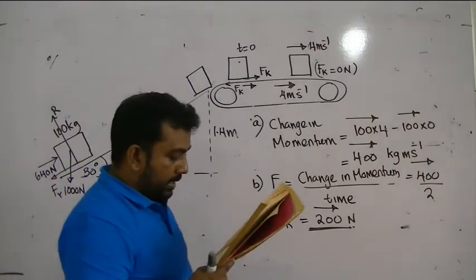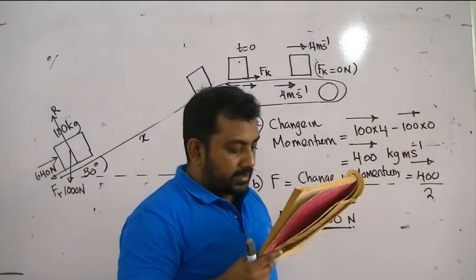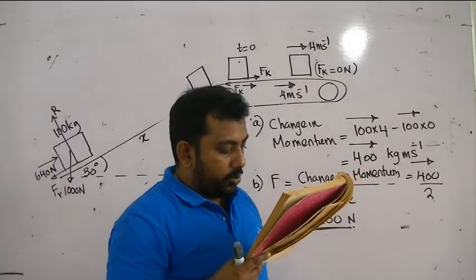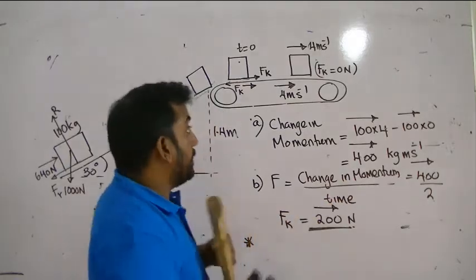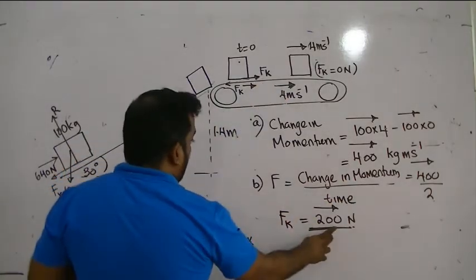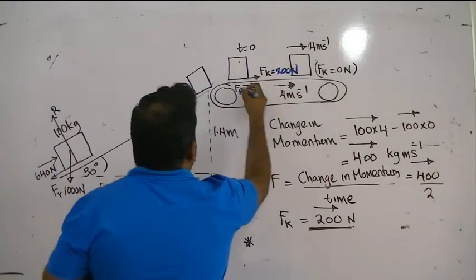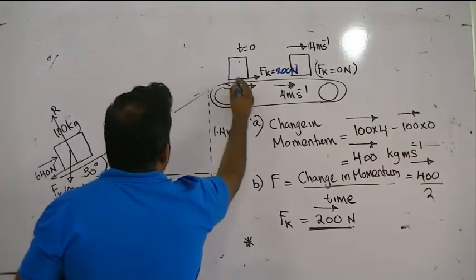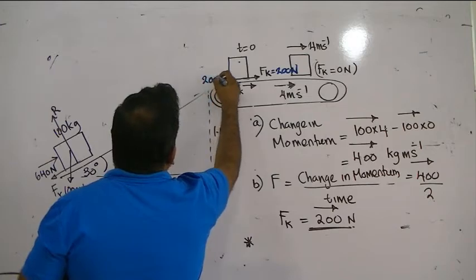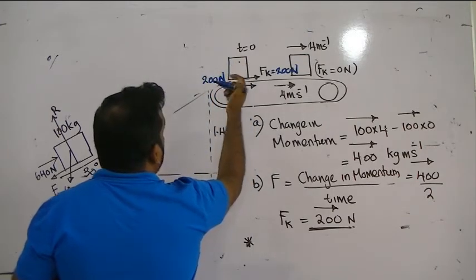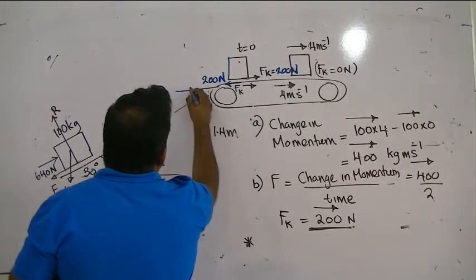Right, part C. What is the magnitude of the external force that should act on the belt in order to keep the belt moving with a constant speed? Now remember, 200 newtons on the object means on the belt, in the opposite direction, also 200 newtons. So the belt is going to slow down. How do you stop this?